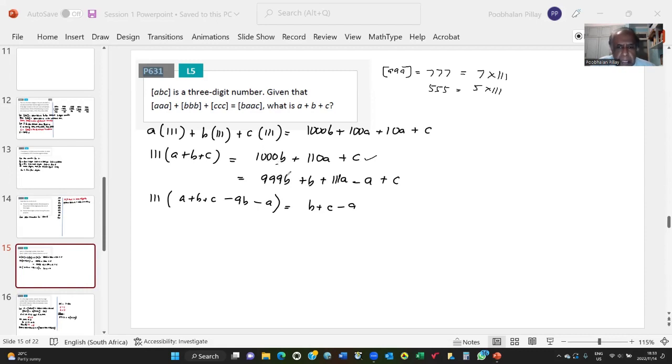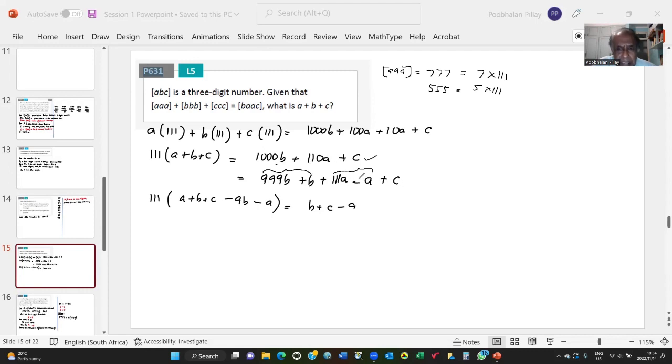So rewrite this as 999B plus B. And here, this is very close to 111 also, so why don't you make this 111A minus A? 110A is certainly that, plus C.